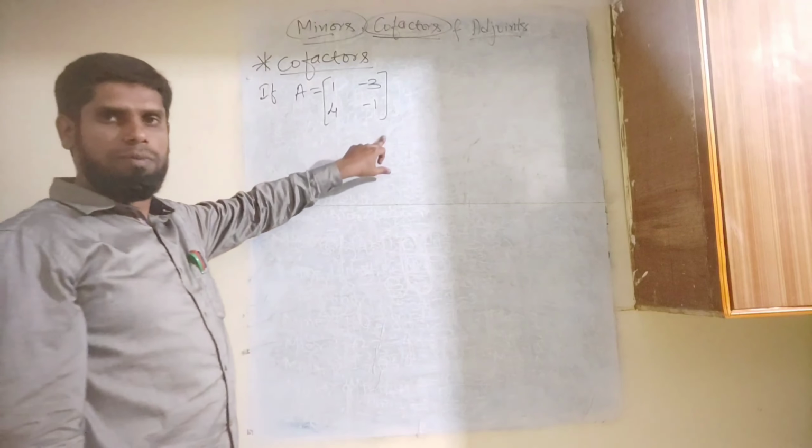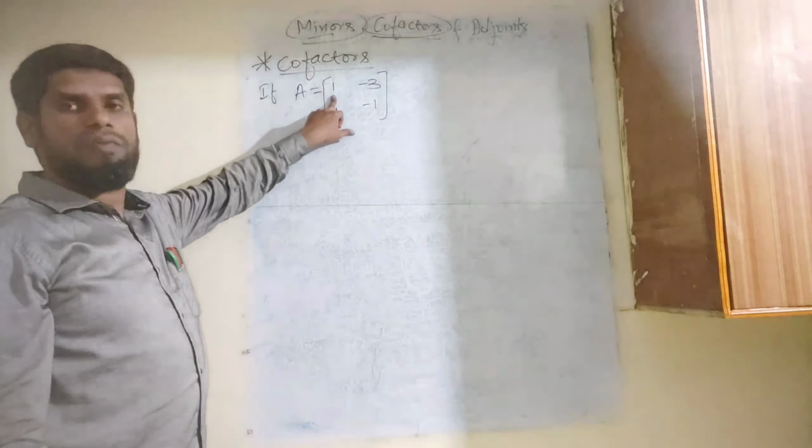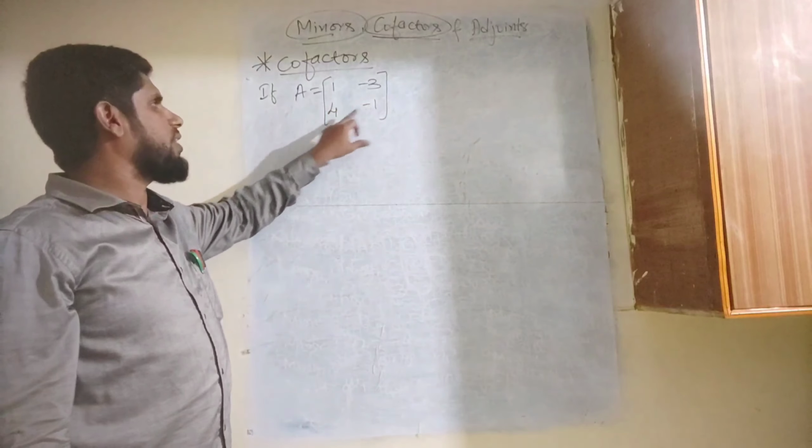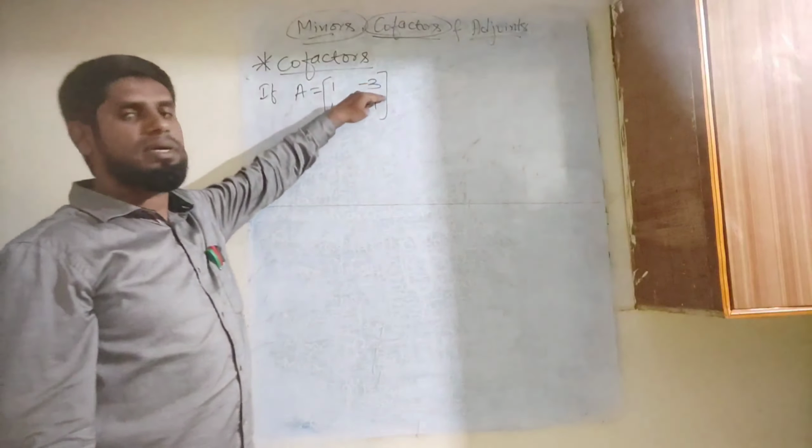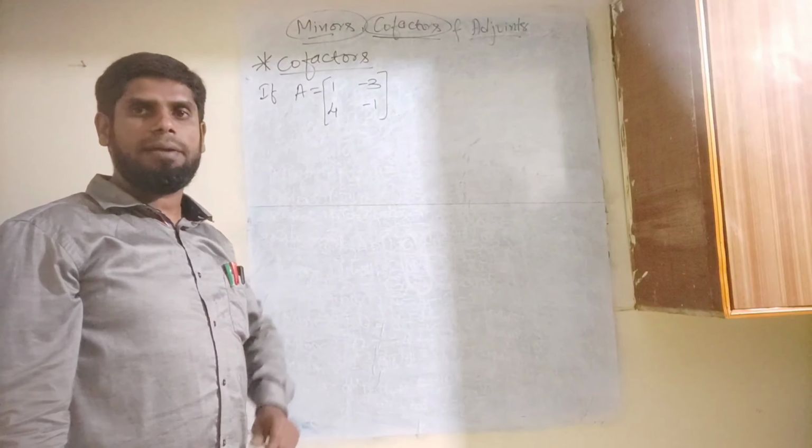Since it is a 2 cross 2 matrix, we should find the cofactors of each and every element, and after finding the cofactors of the 4 elements, we should write a cofactor matrix.